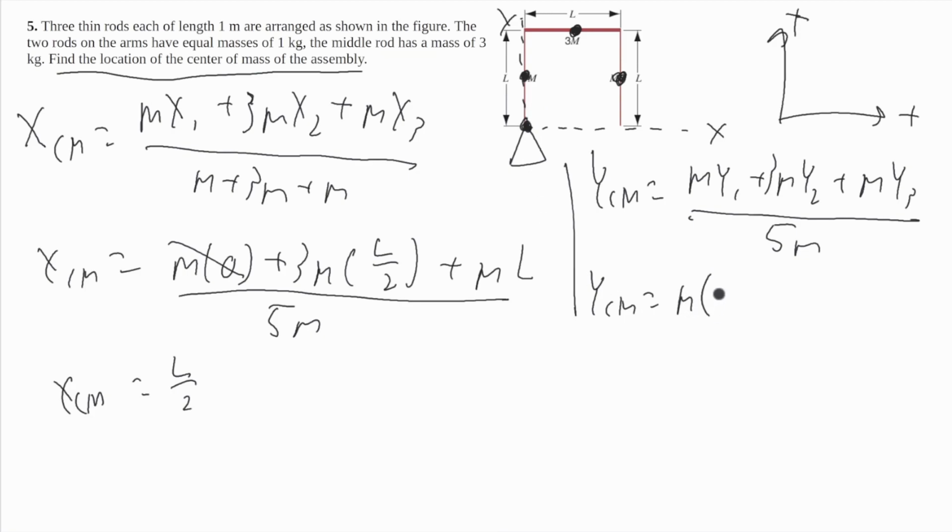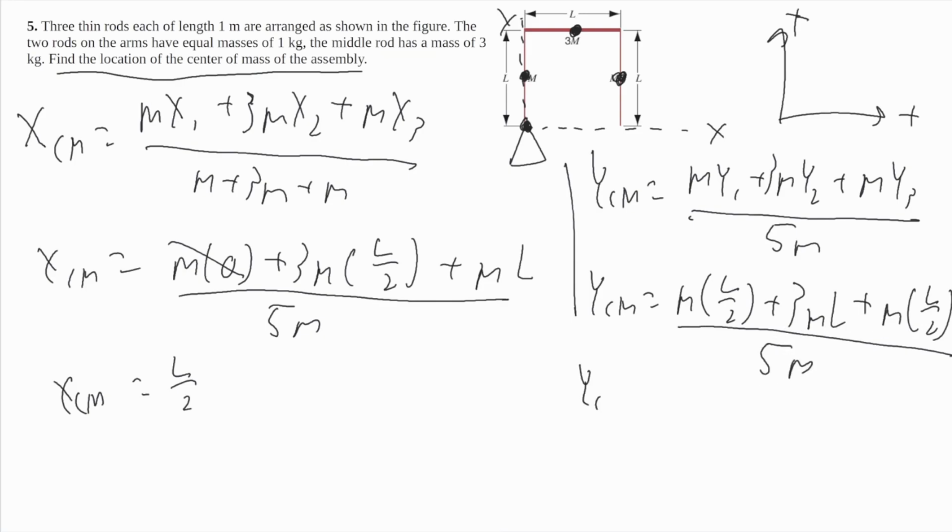So it'll be m times L over 2, plus the position of this rod here is going to be 1L, this height here, away from the y origin. So it'll be 3m times L, plus this rod over here is going to be an L over 2 distance from the origin. So it'll be m times L over 2, and then it'll all be over 5m. So the y center of mass, when this is simplified, will be equal to 0.8 L.